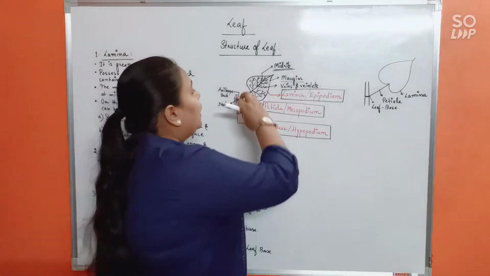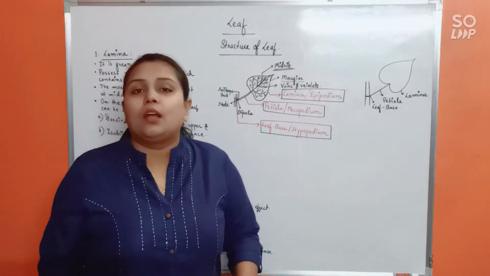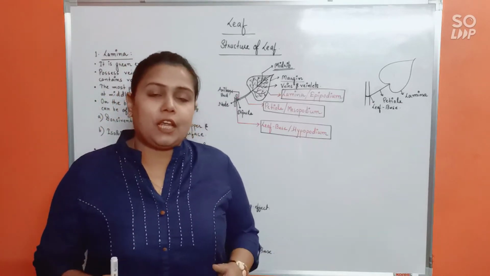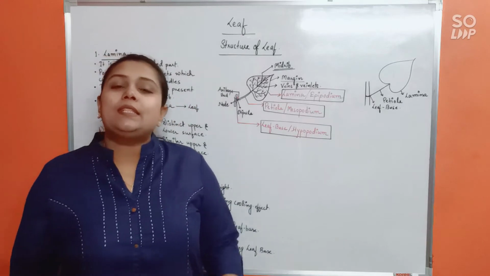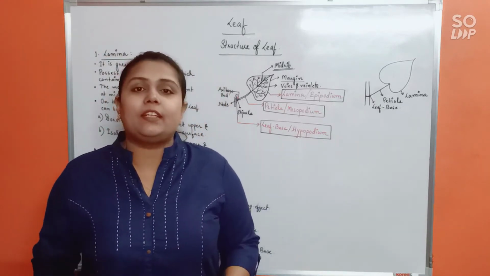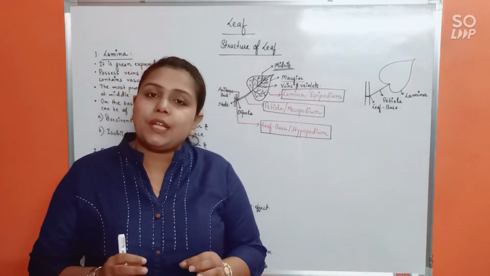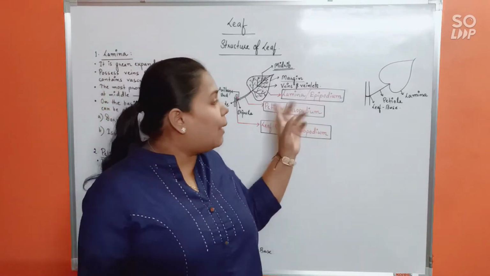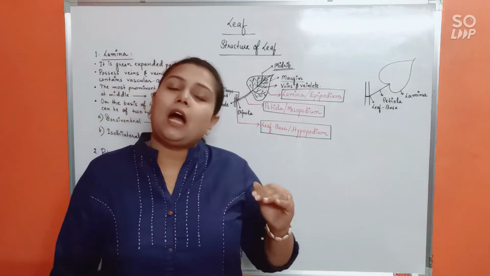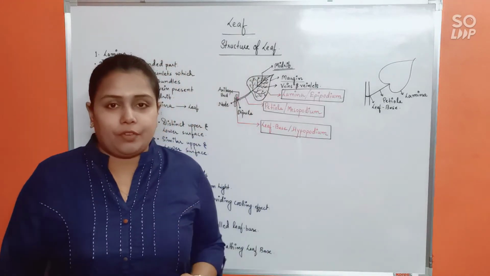See, looking at the lamina, we can differentiate the leaves into two categories. In certain plants, mostly in the dicots, remember this, the lamina has two surfaces, right? The upper surface and the lower surface.